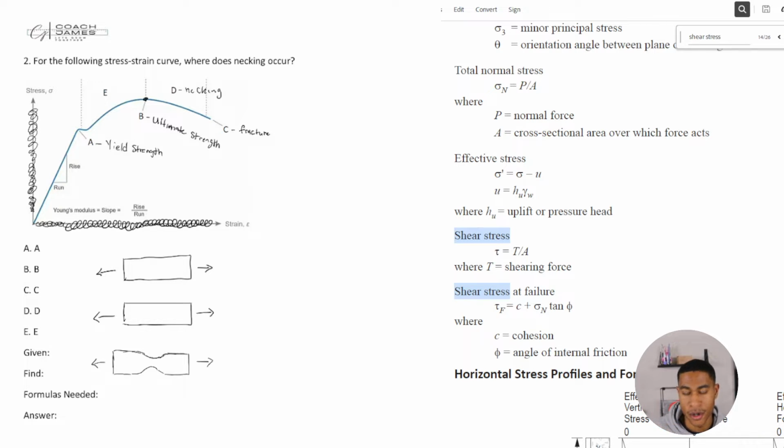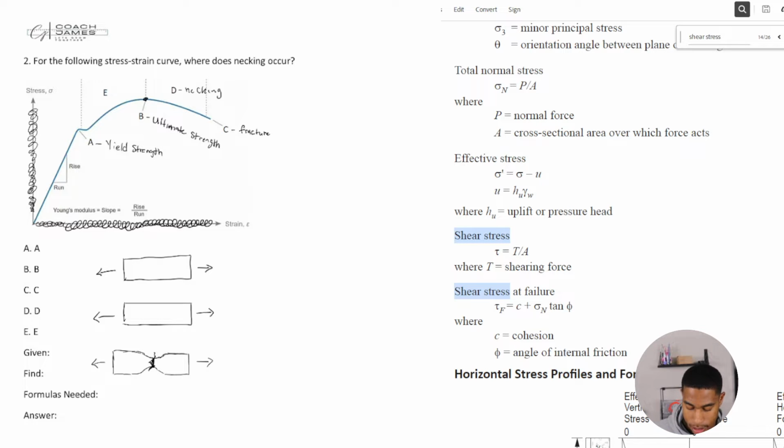Necking is that small kind of squeezing motion that takes place where you can see the middle of it get narrower and narrower until it just decides to break, right? And that's where the fracture happens.